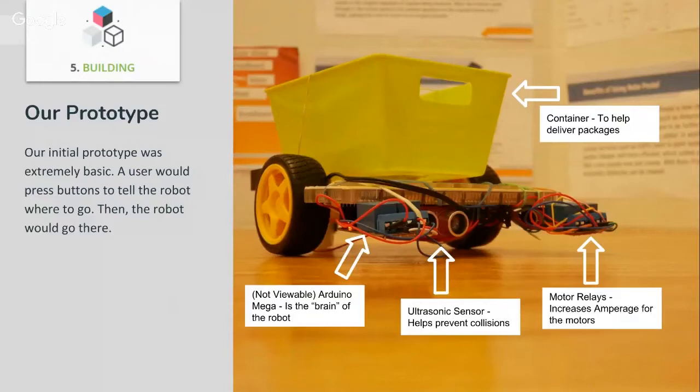No, it's literally left, right, forward, and backward, these 4 buttons. They would press left, left, forward, forward, and the robot would turn left, and then go forward. So it was a very simple prototype, and it worked.